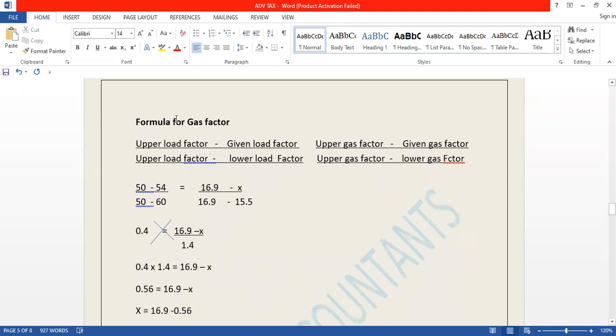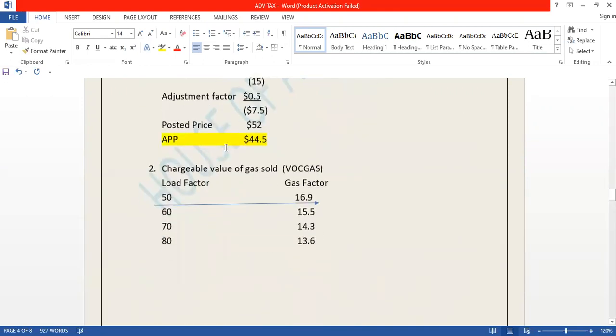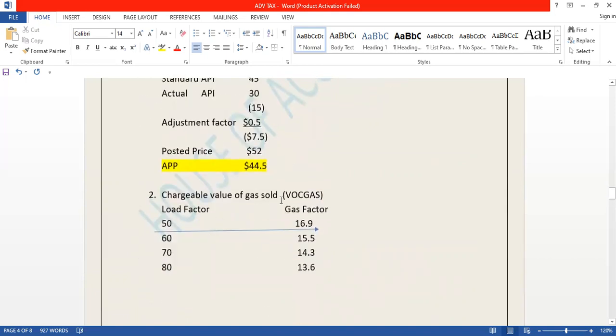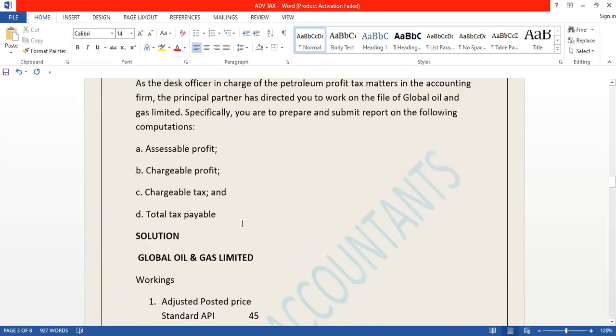So we have done the formulas for gas factors, and I believe this formula is now clear, though we found it from the way how to arrange it to make it more simple or clear to us. Then we have calculated the adjusted posted price, and then the gas sold, which is gas factor and the load factor. And that will be all for now.